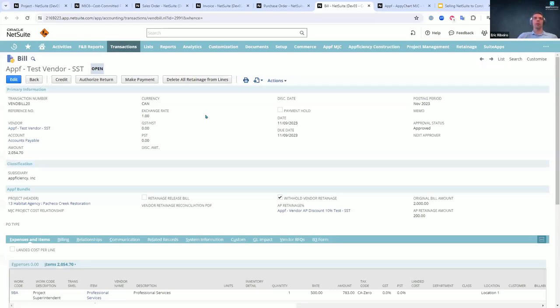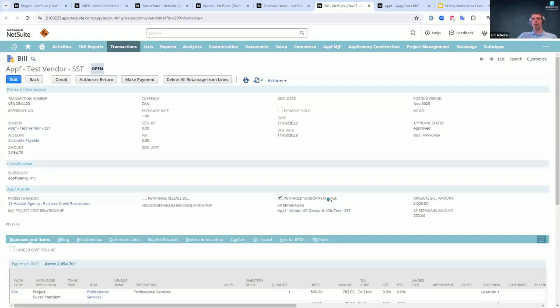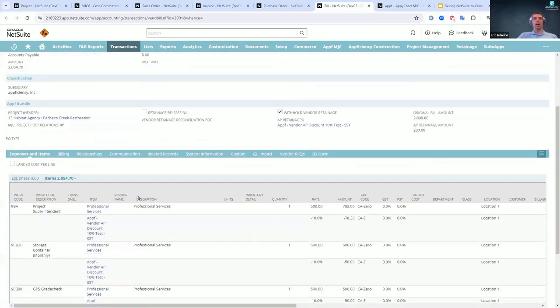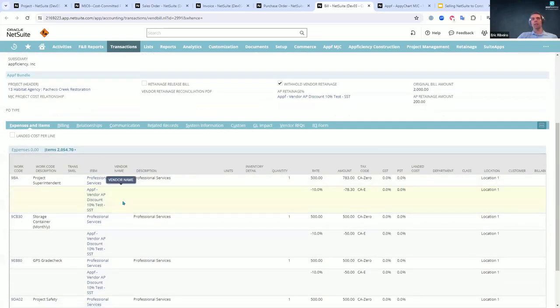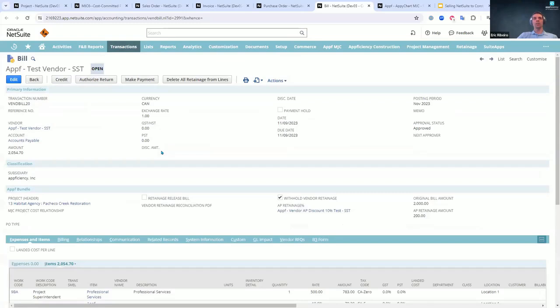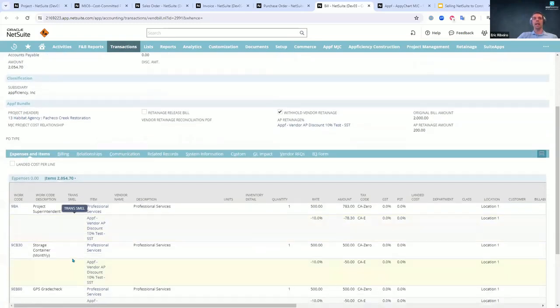But we can see for this vendor bill, we're withholding retainage of 10%. And so we saw retainage on the AR side, but we also can help manage retainage on the AP side, whether it's just retainage line to line or retainage at a high level where you just want to take a flat 10% across all of your vendor bill.